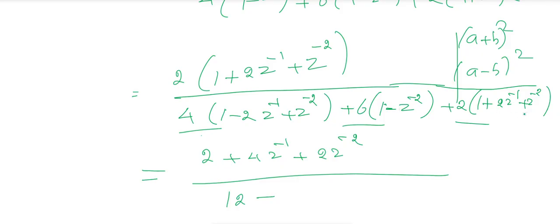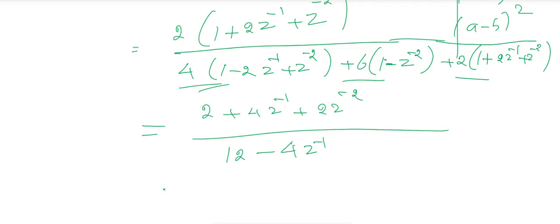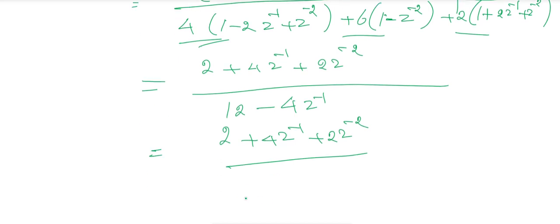You will get 12 minus 4 z inverse. Simplify the terms. So again you will get 2 plus 4 z inverse plus 2 z minus 2 divided by 12, and take it outside, 1 minus 4 by 12 z inverse.